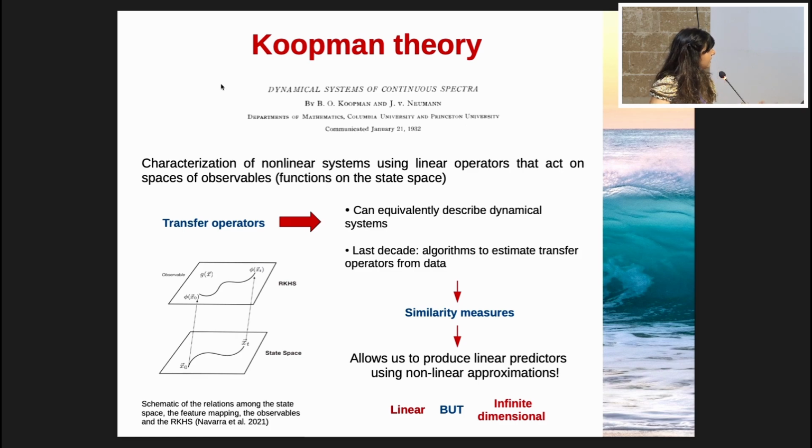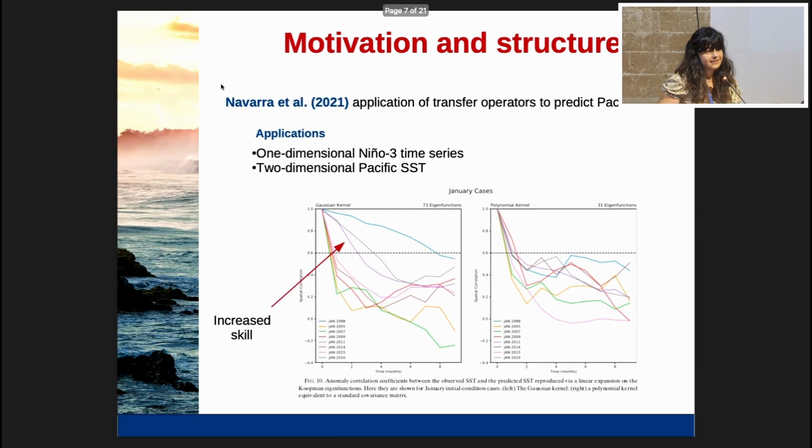If LIMs have been used successfully in recent years to compute ENSO forecasts, and LIMs are just a specific case of the broader Koopman theory framework, we could try to use these algorithms to compute approximations of the Koopman operator that use nonlinear similarity measures. And that's what we have done.